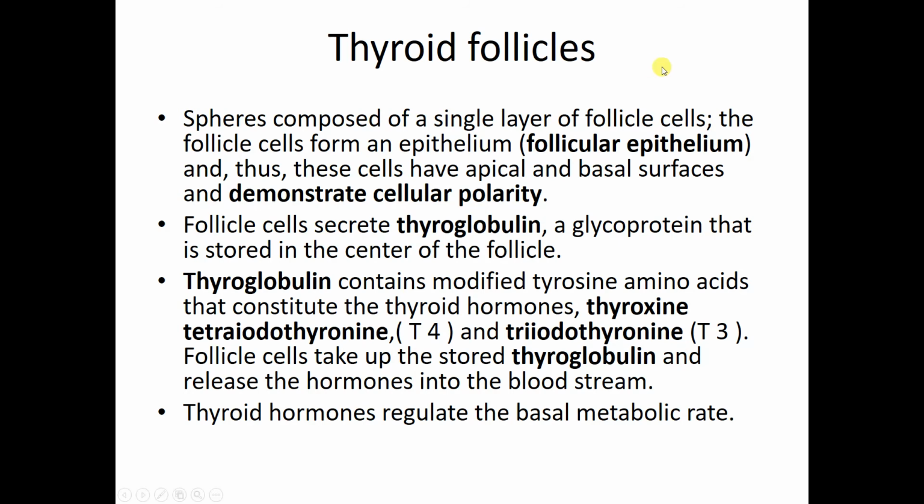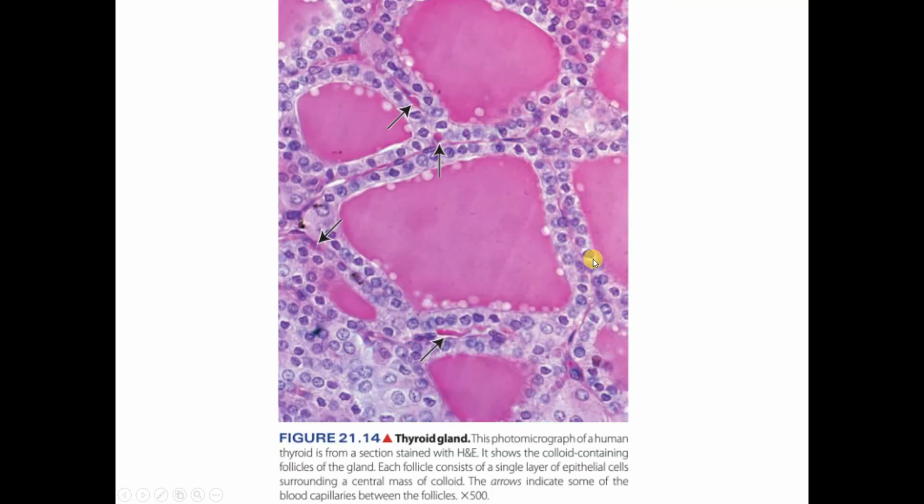You remember this thyroid follicle, and they are derived from endoderm. They have a lot of features of endodermally originated tissues. Here we see the normal histological structure of thyroid gland. Here we see follicles.